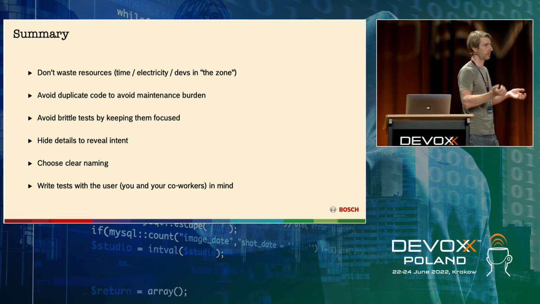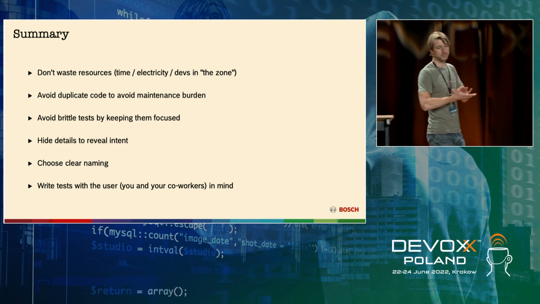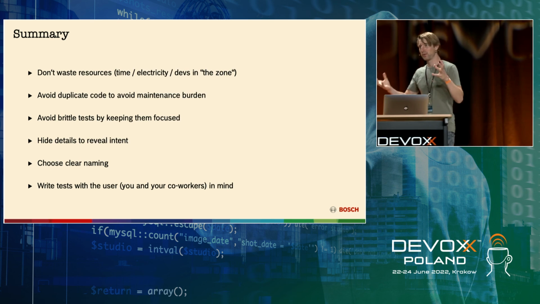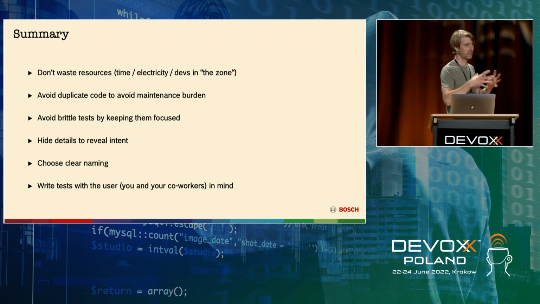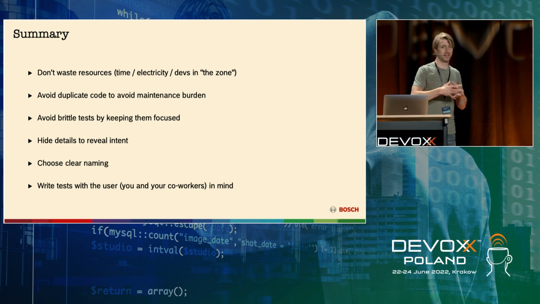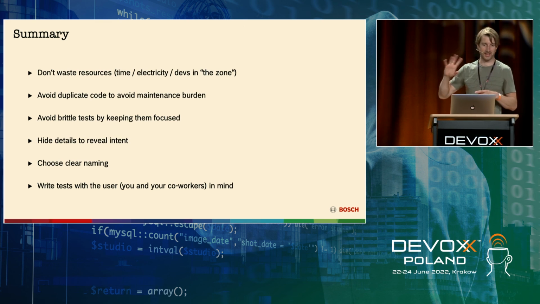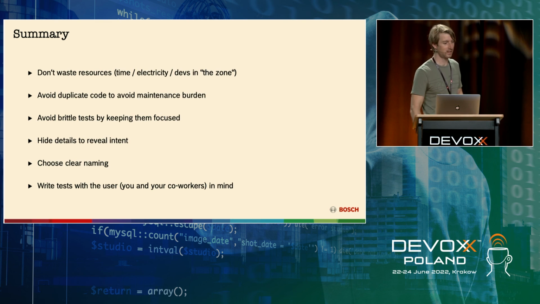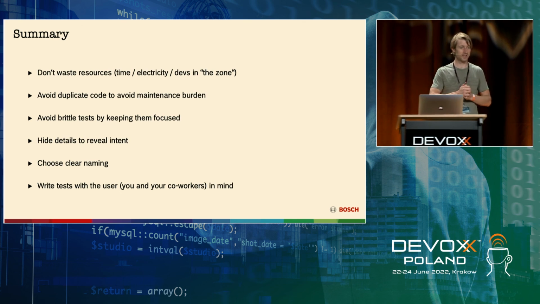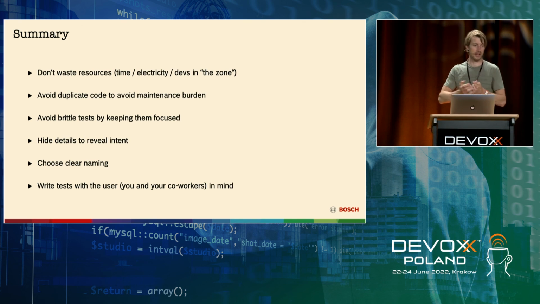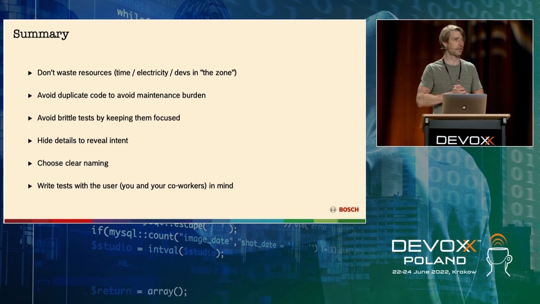Avoid brittle tests by being focused. Use helper methods to hide technicalities and reveal intent. So you've seen that they came up again and again. It's such a simple technique, but it's heavily underused, I would say. Choose clear naming and write your tests with the user in mind, which is your coworkers or your future self.